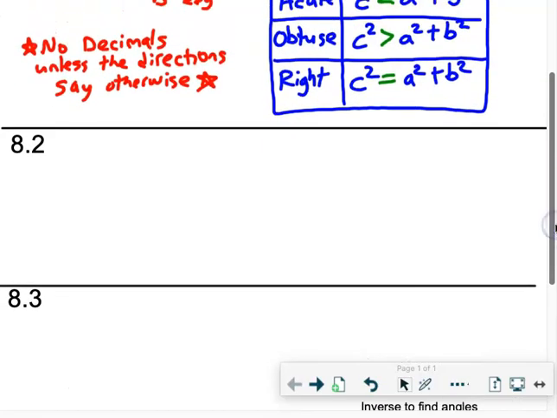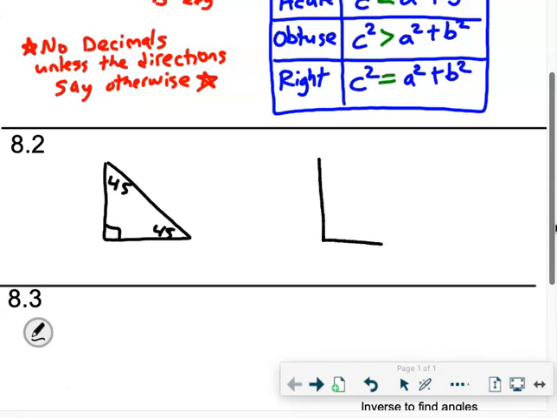Two types of triangles to be concerned about. One of them is a 45-45-90. One of them is a 30-60-90. They both have some rules. With 45-45-90s, they're called right isosceles triangles.